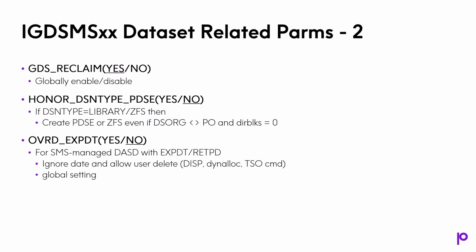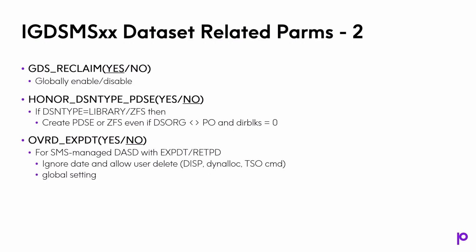If you've used a lot of what used to be called tape mount management, where small tape datasets were redirected to disk, you might want to turn on override expiration date yes, which says for an SMS managed dataset which has an expiration date, and you don't see those too often, but it is possible to have DASD datasets with expiration dates in them, do I want to ignore that date and allow the user to delete the dataset even though they didn't specify purge on the delete?